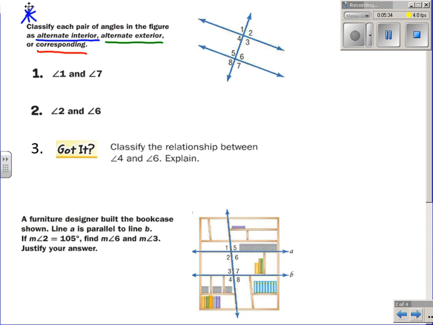So question 1 wants us to classify angle 1, which is this angle here, and angle 7, which is there. I can go ahead and see that both angles are outside of the parallel lines, so that's going to make them exterior. And in this case, they're going to be alternate exterior.